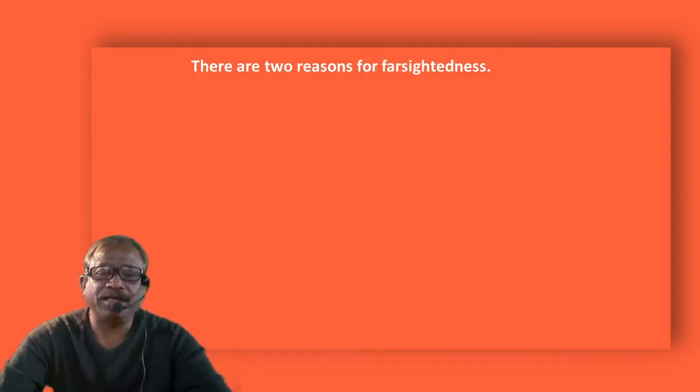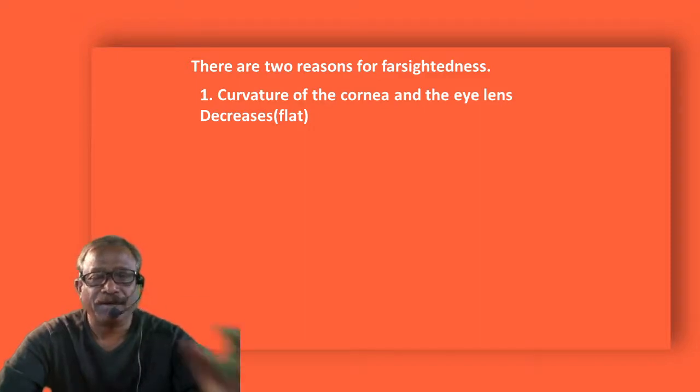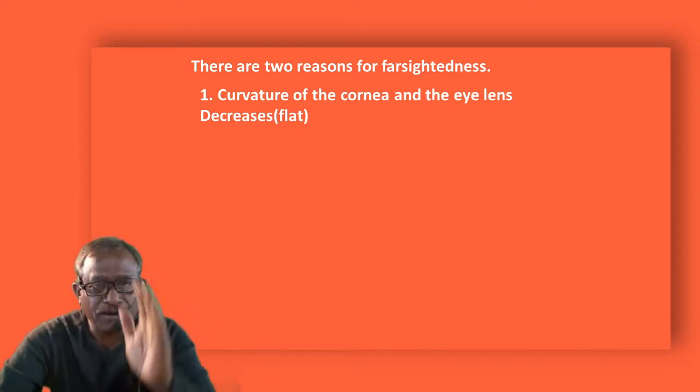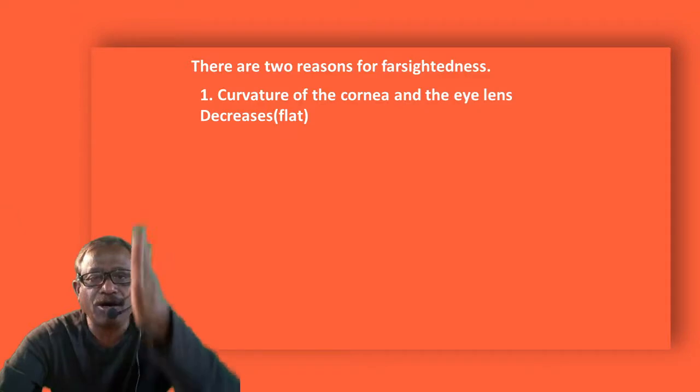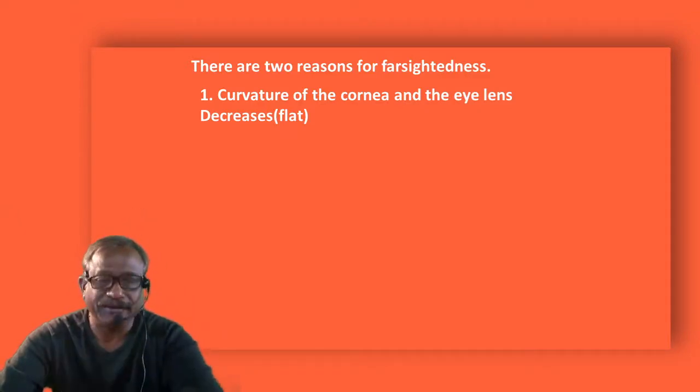There are two reasons for farsightedness. First, the curvature of the cornea and lens decreases and the eye length decreases. If the curvature decreases, then the lens becomes flat, or we say it becomes thin.